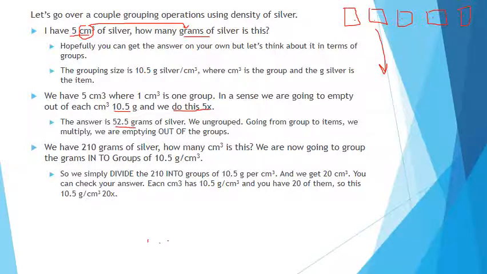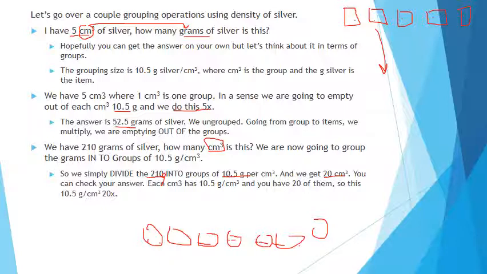Let's say I have 210 grams of silver. What I'm going to do is find out how many centimeters cubed that is. So I'm going to divide this up into groups of 10.5 grams per centimeter cubed. I'm going to divide the 210 grams into groups of 10.5, and we get 20 centimeters cubed.